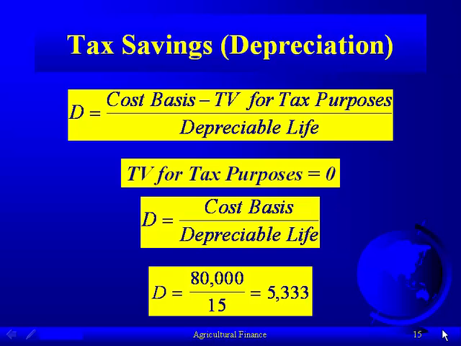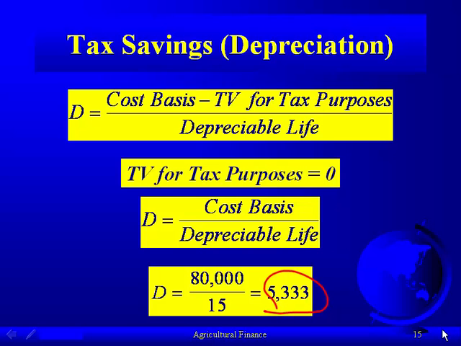If you read the fine print, it says that the IRS allows this farmer to depreciate the irrigation system over 15 years. So that means that the government allows this farmer to reduce his taxable income by $5,333 a year in recognition that there'll be some depreciation of that center pivot irrigation system.